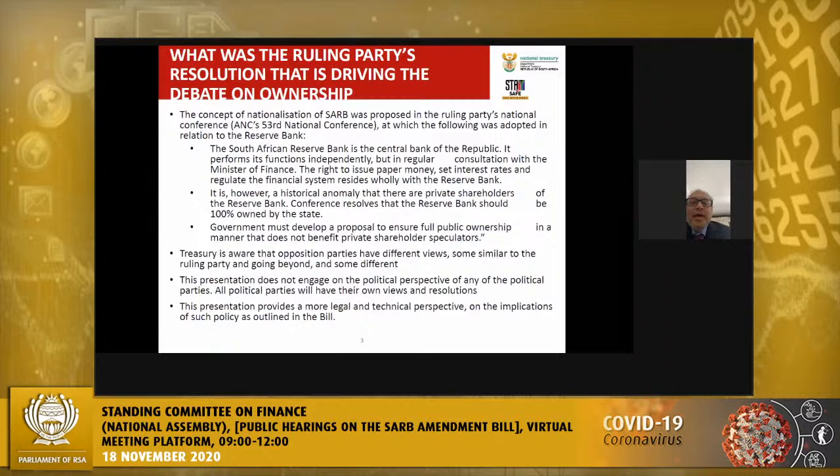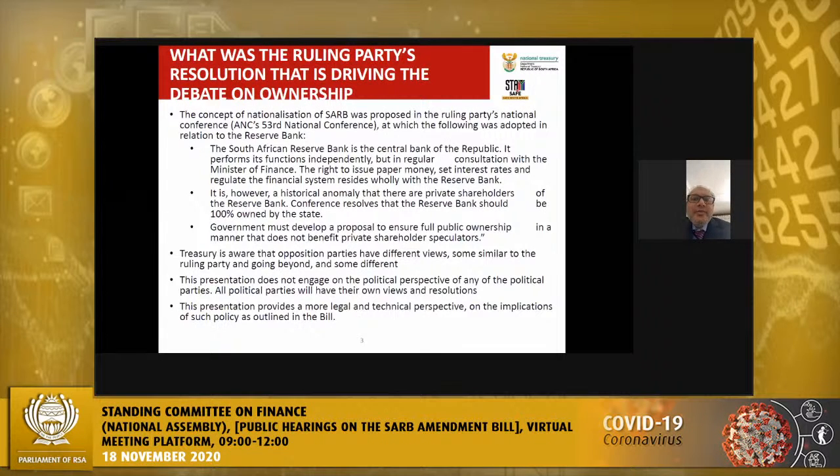But I want to just focus on the last bullet: desirable as it is for the state to be the sole shareholder, which is a practice in most countries. In a sense, what we have is just a result of our history.